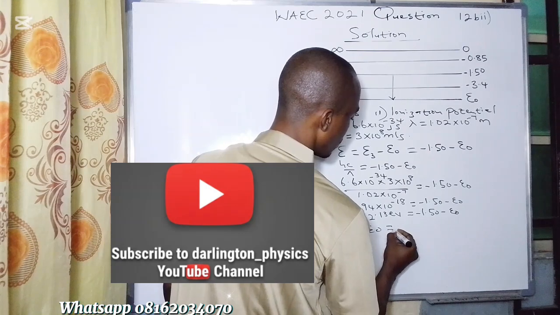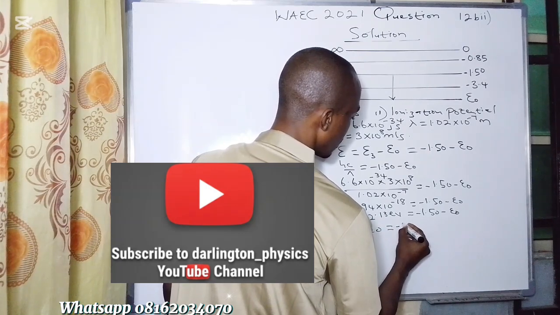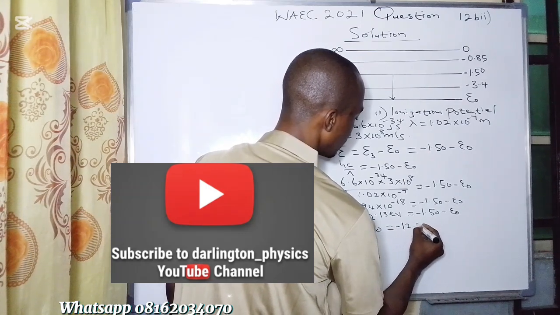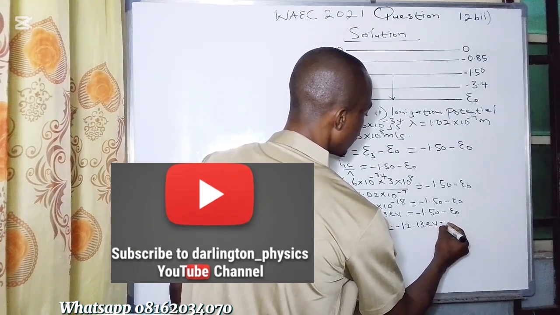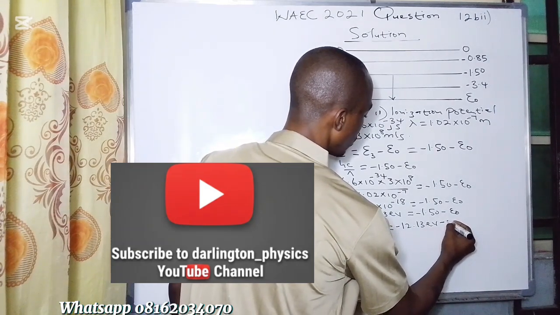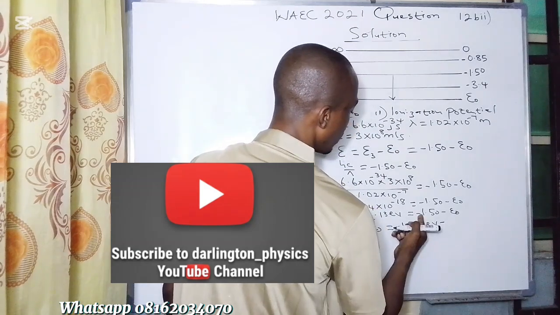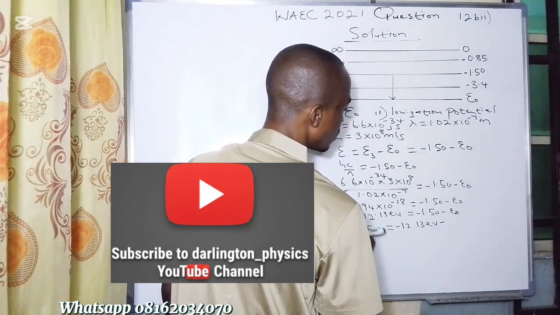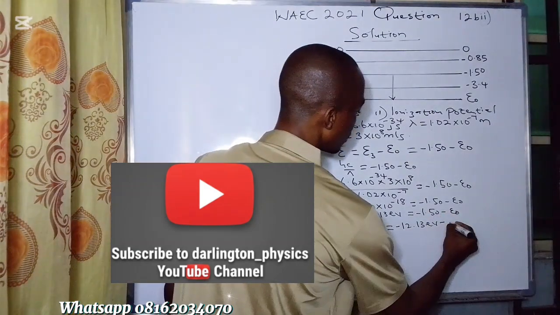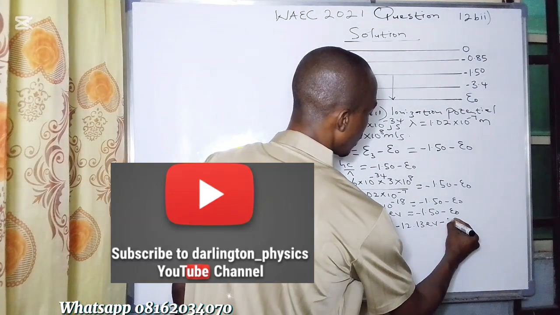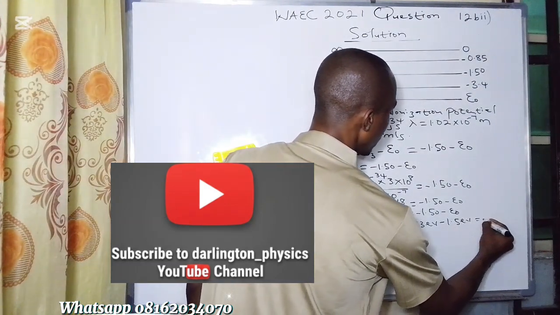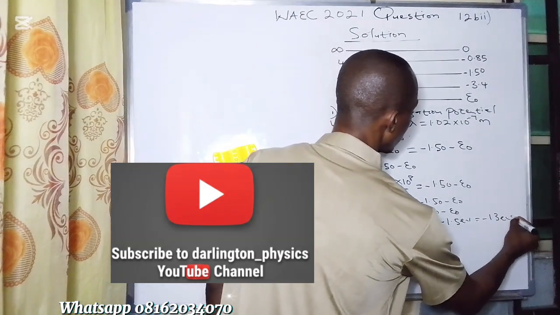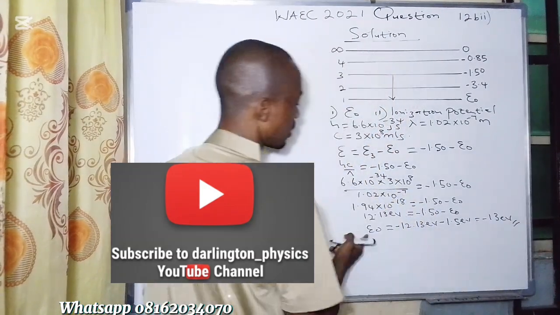E0 will be equal to negative 12.13 eV, and then negative again. Coming here will be positive. The negative will just multiply through, then we're going to have negative 1.5 eV. This will give you about negative 13 eV. This will be the energy of the ground state.